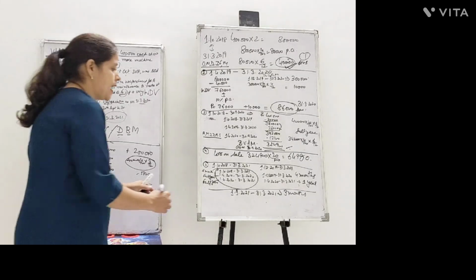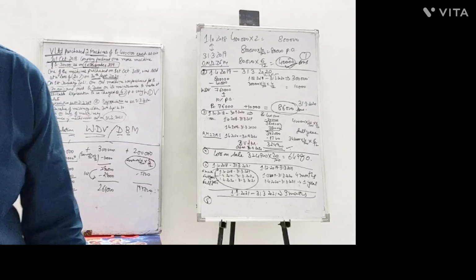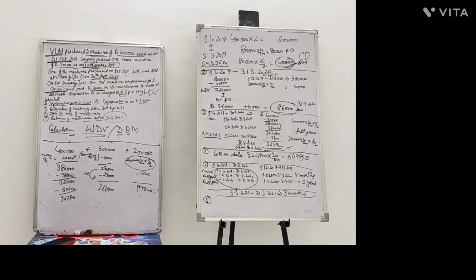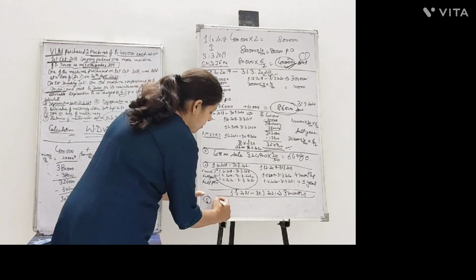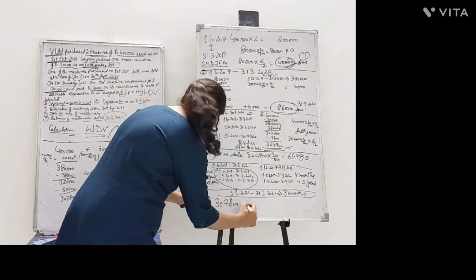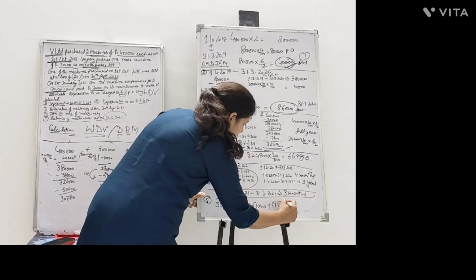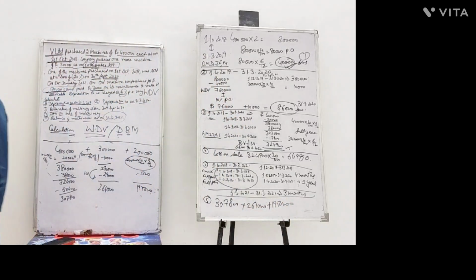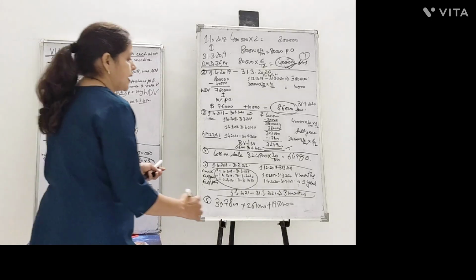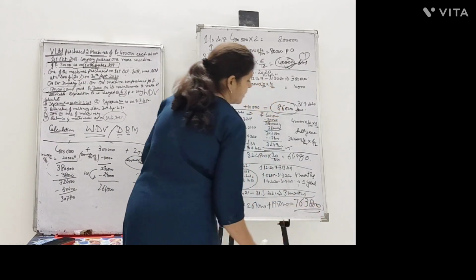So what is the answer of the fifth part? That is, what is the value of machinery left as on that very date is? First machine 3,07,800, 2,61,000, 1,95,000. So the total of machinery which was left at the ending date was 7,63,800 here.